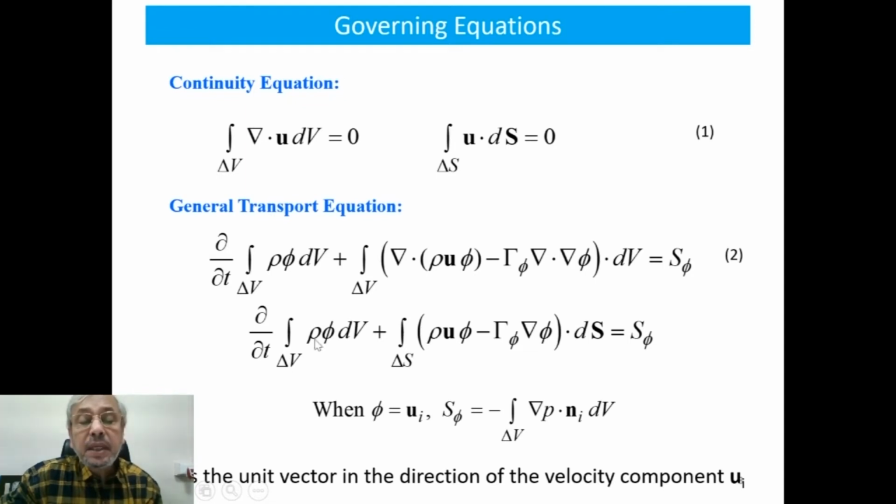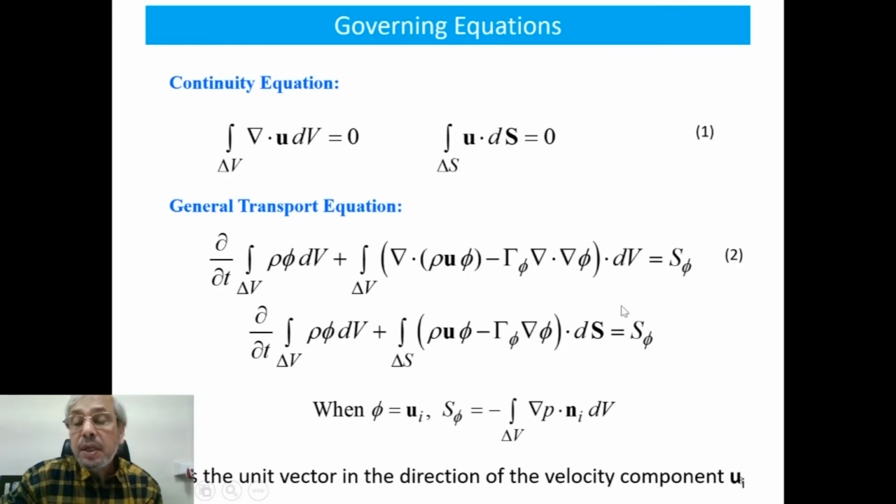So basically this del T, when applied over rho phi, is integrated over that volume, and as you know, the integration of rho dV is basically mass, and into phi it is del T of that quantity.